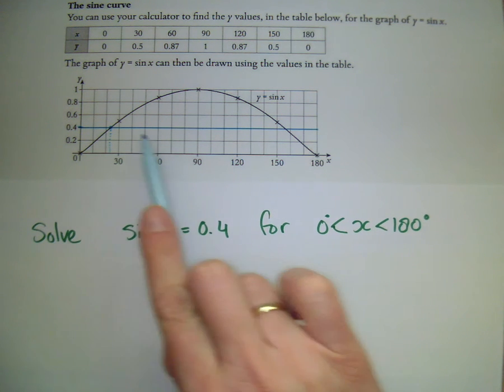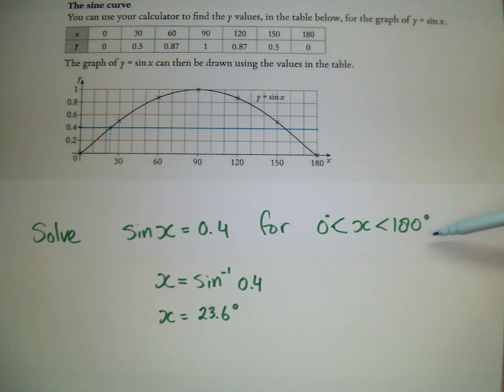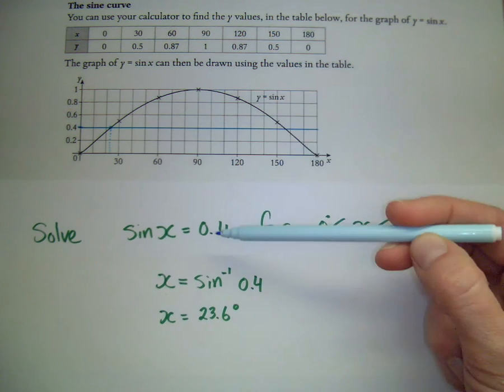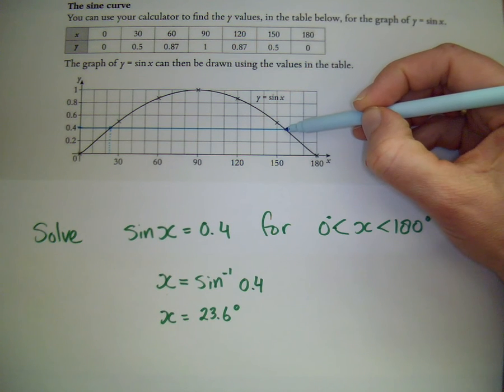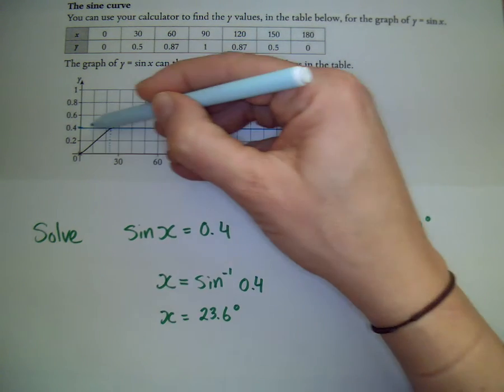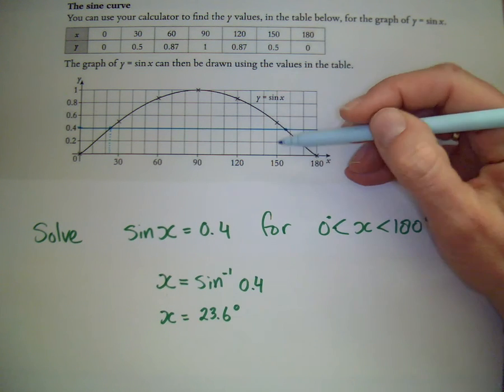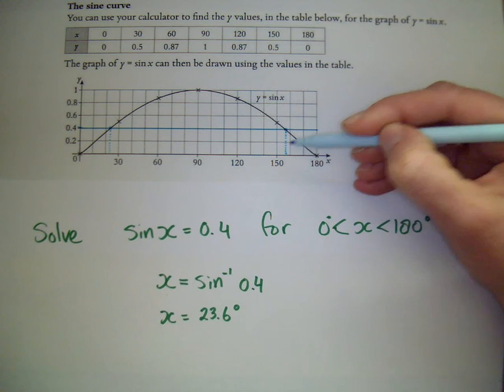But as you can see on this graph, if we're looking for solutions up to 180 degrees, there's actually another angle where the sine is equal to 0.4. And that is here. This is the other place where y equals 0.4 meets our sine curve. And that would be exactly there.